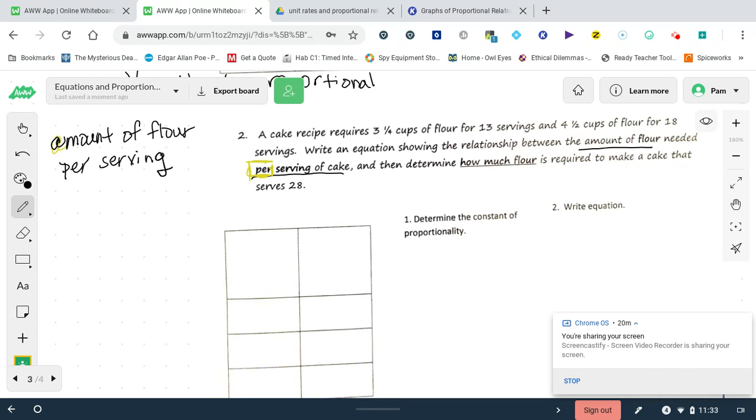Okay, so before the word per, that's like your Y. And after the word per is your X. Okay, so now I know how to set these up. So the servings are going to go right here, and the amount of flour is going to go here in the Y column.